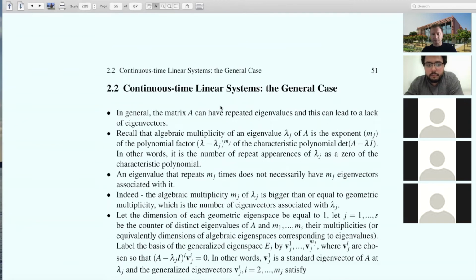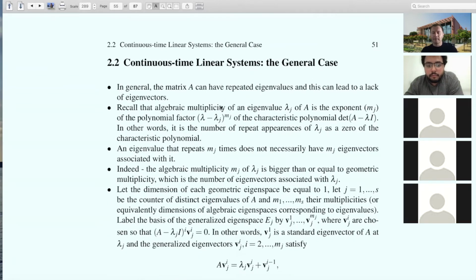So let's now study what happens in the general case when we don't have distinct eigenvalues. So let's say we have some repeat eigenvalues. That can lead to a lack of eigenvectors.